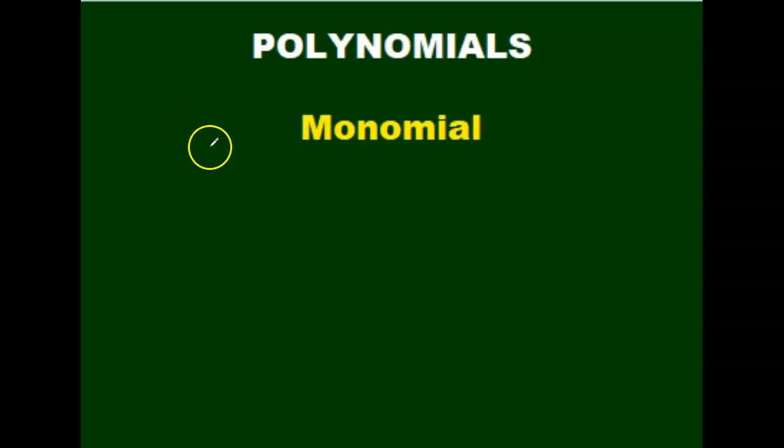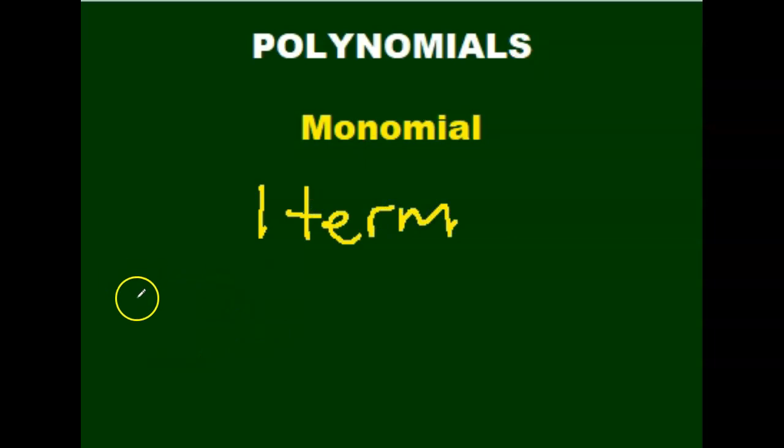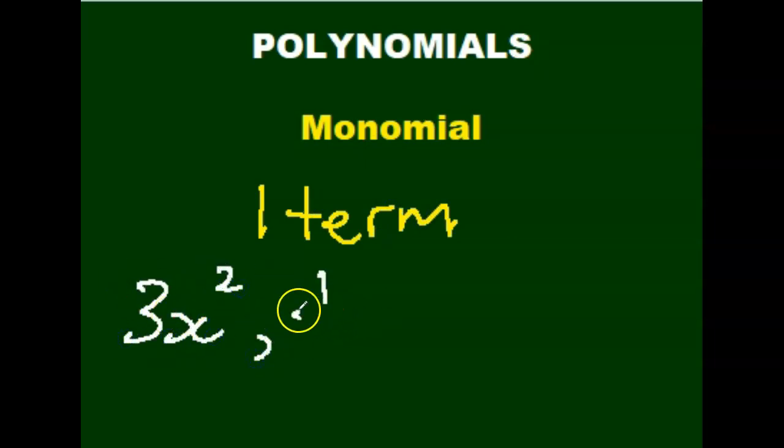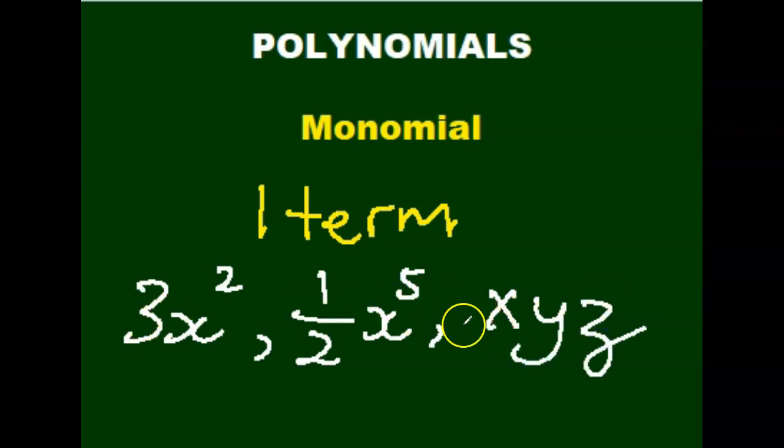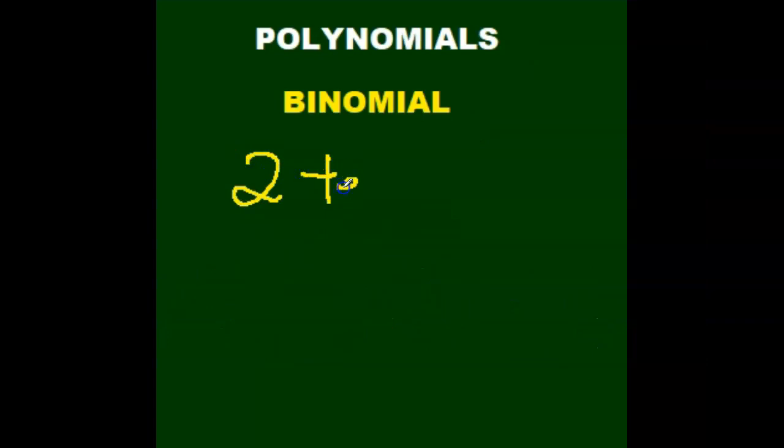A monomial is one term, and examples of monomials could be, say, 3x squared or 1 over 2x to the fifth, or even xyz. Those are all monomials. A binomial has two terms.